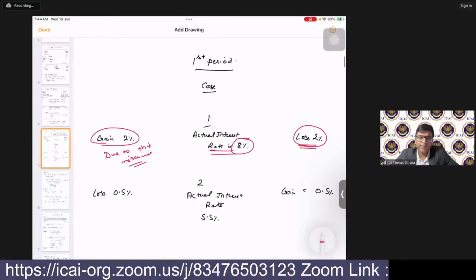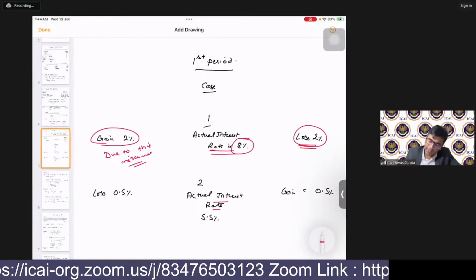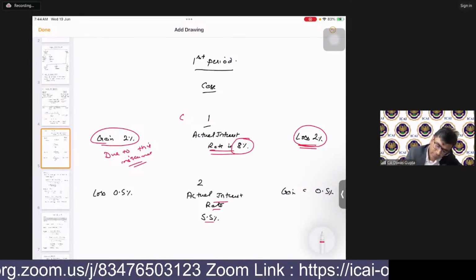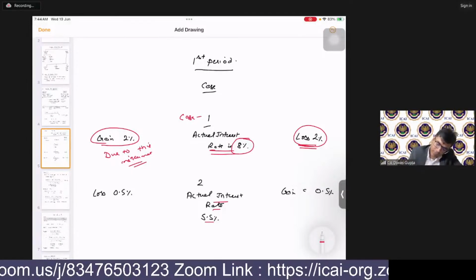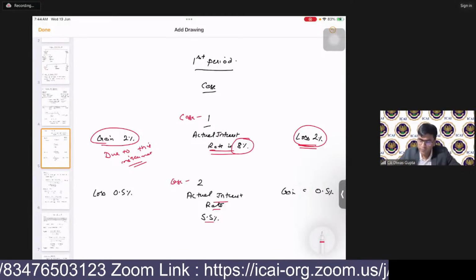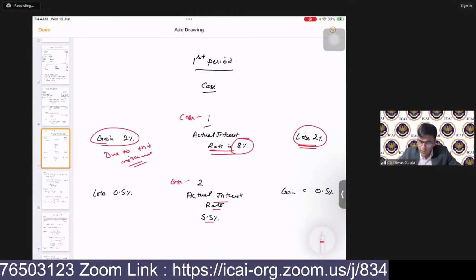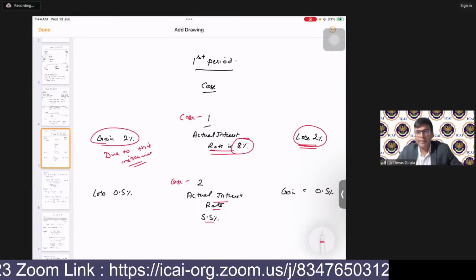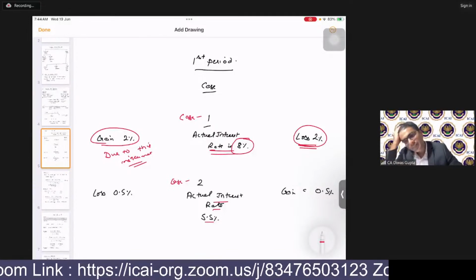Now let's say the actual interest rate, this is case 1 actually, and this is case 2. So in case 2, the actual interest rate is 5.5%. Then what will happen?